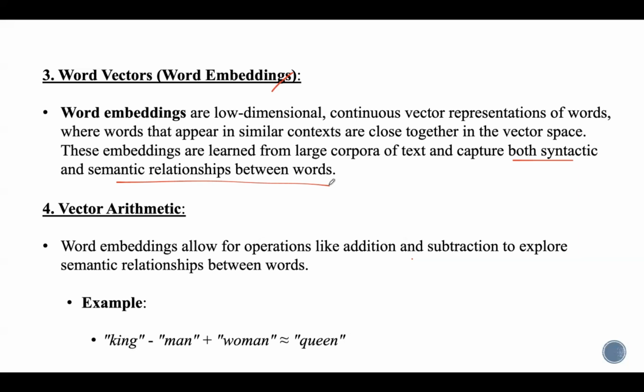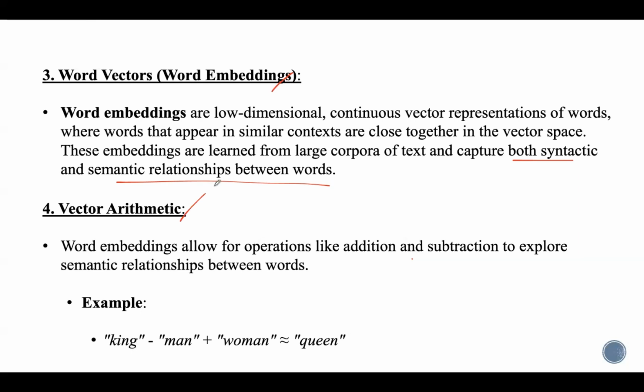This model factorizes the co-occurrence matrix to learn vector representations that preserve both local and global statistical relationships. And we have fastText, which is an extension of word2vec that considers subword information, which are n-grams, allowing it to handle out-of-vocabulary words in a better way.